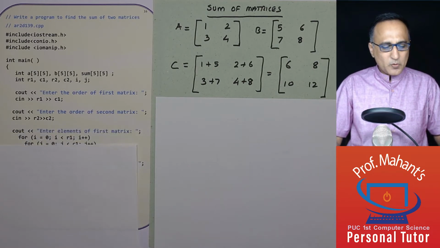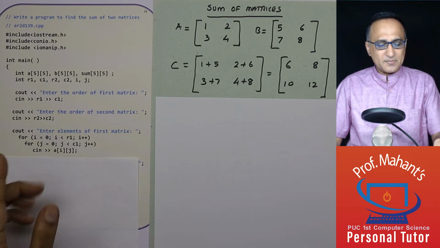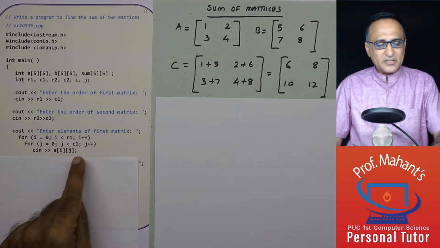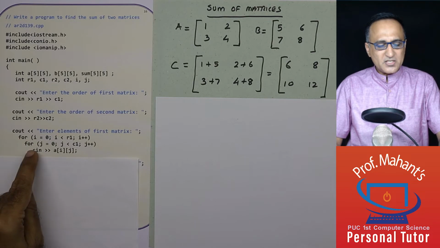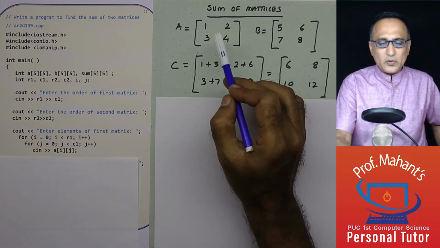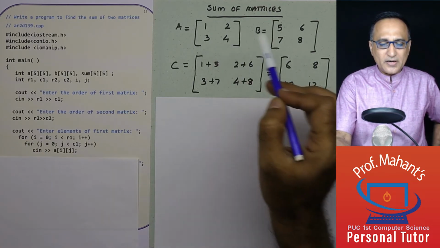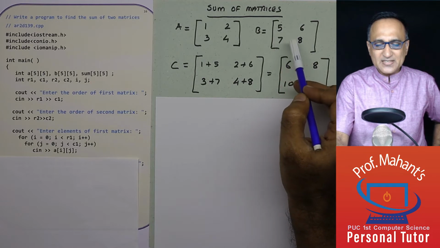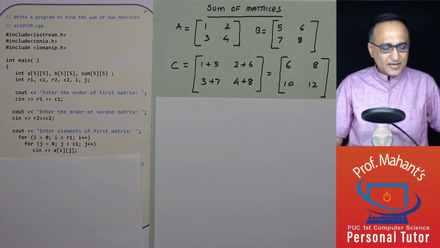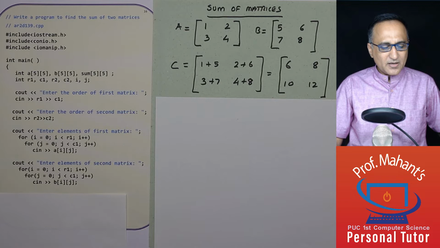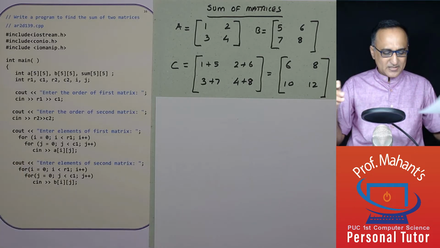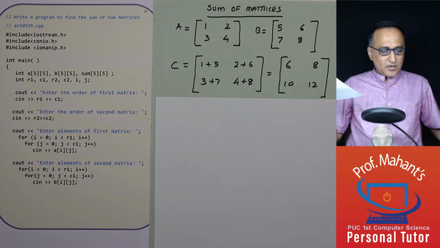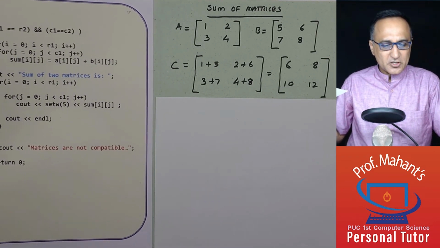Now, using the logic we have explained so many times, we read numbers into an array. Using these two for loops, I am reading 1, 2, 3, 4 into array A, and similarly reading the elements 5, 6, 7 and 8 into array B, the second matrix. Now we can proceed with the addition.